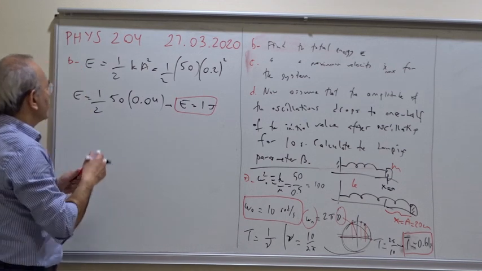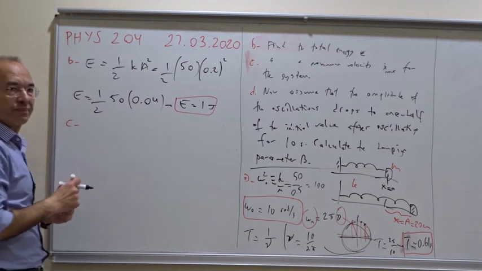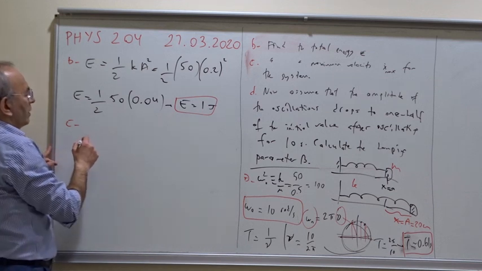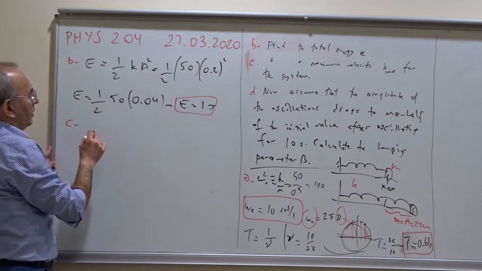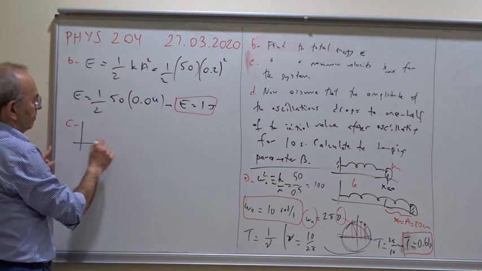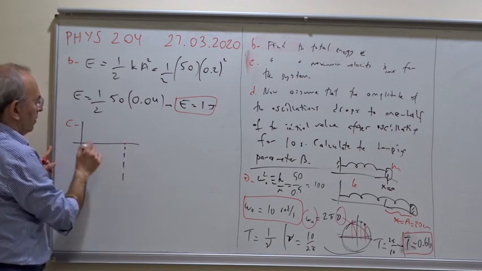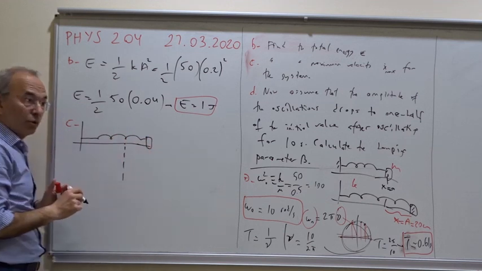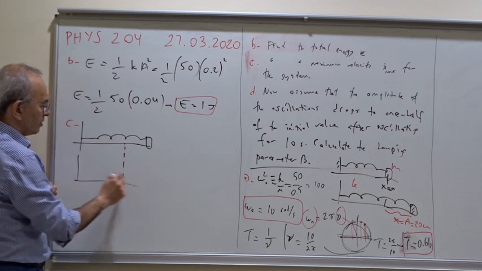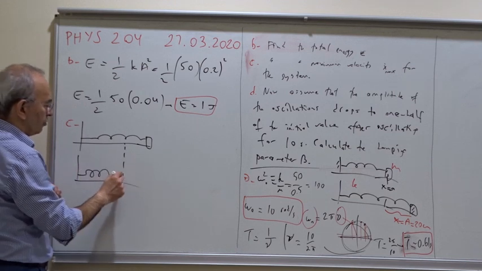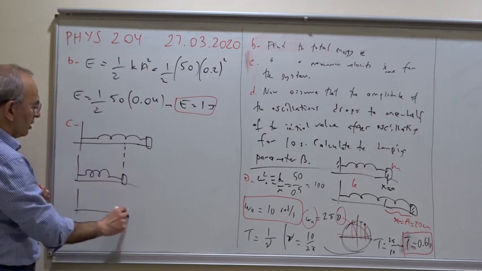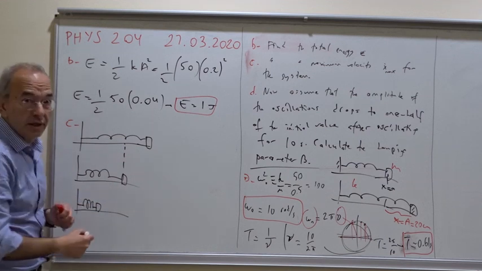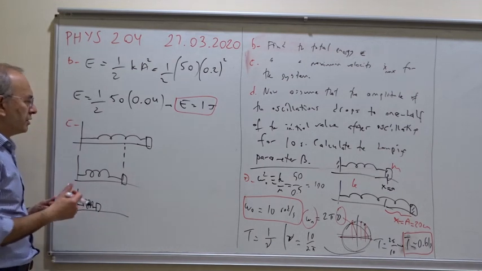And part C is the maximum velocity, x dot max. We know that when the system is displaced maximum, or when it passes by the equilibrium position, or when it goes to the maximum compression, it has these subsequent situations.